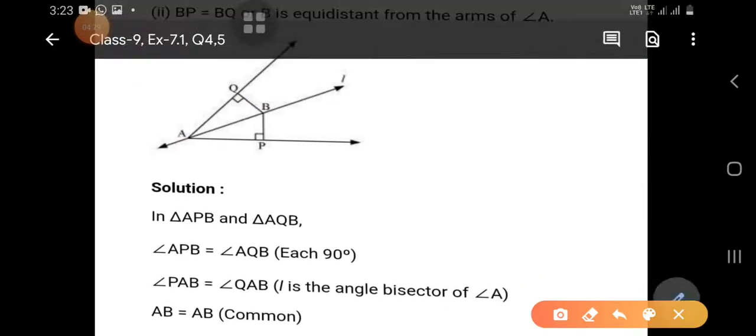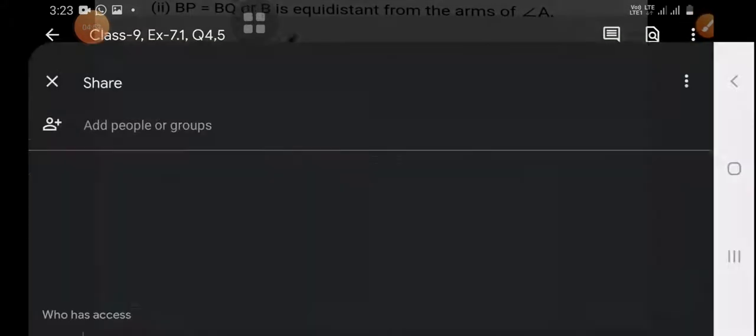In the picture, it is clear that the angle APB, this angle, will be 90 degree as it is perpendicular, and angle AQB, this angle, will also be 90 degree because BQ is perpendicular. So angle APB is equal to angle AQB, that is 90 degree.